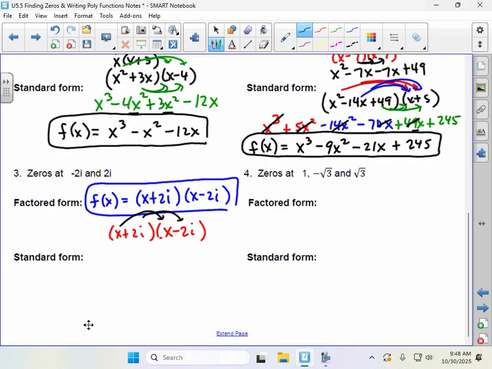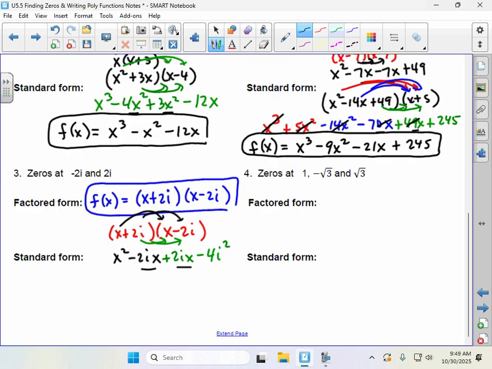So we're going to distribute. X times negative 2i is minus 2ix. Okay, and we'll distribute the 2i. 2i times x is plus 2ix. And then 2i times negative 2i is minus 4i squared. So remember, i times i is i squared. Okay, we're going to combine like terms.